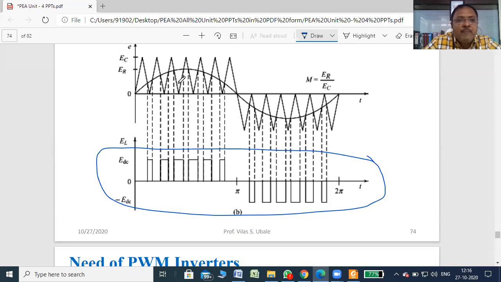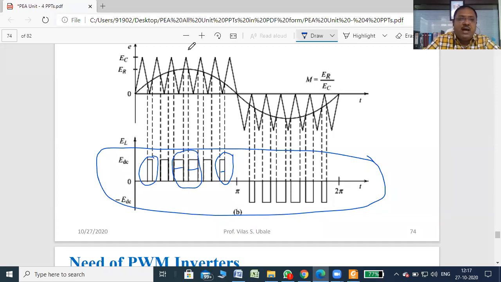So you can check here, when the amplitude of the sinusoidal waveform is larger, the pulse width of the output voltage is also larger. Here the amplitude of the modulating signal or reference signal is lower, and at that time you can check the pulse width is also smaller. At the initial side again it's smaller, but in the middle the pulse width is higher.